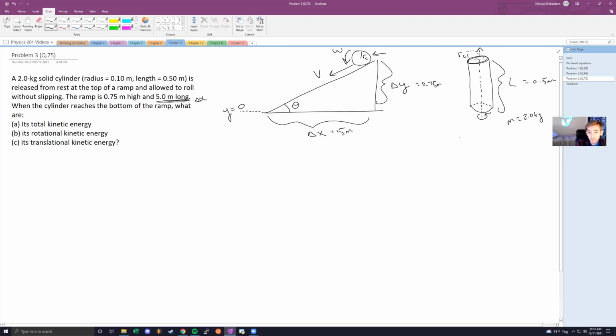So we are going to have a moment of inertia that's equal to that of a disk, which is going to be equal to 1/2 mr squared.